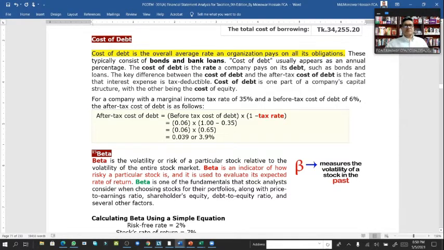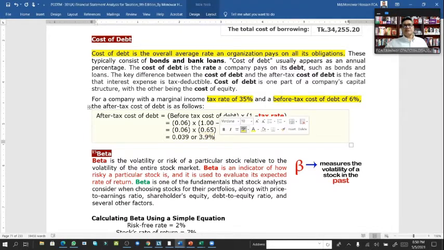Just for example, if a company's tax rate is 35% and the before-tax cost of debt is 6%, look here, the effective rate would be 3.9%. How is it possible? Here we have to adjust with the tax rate, because the expense of debt, that means interest on debt, is a tax allowable expense.